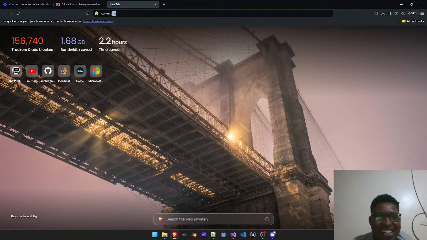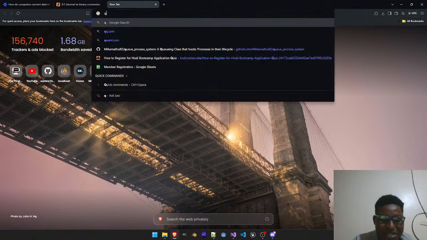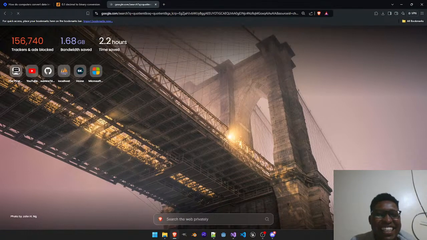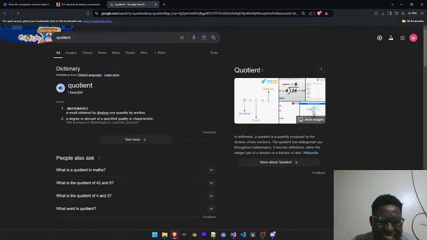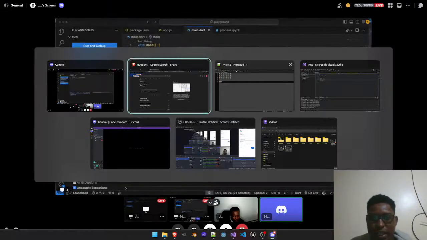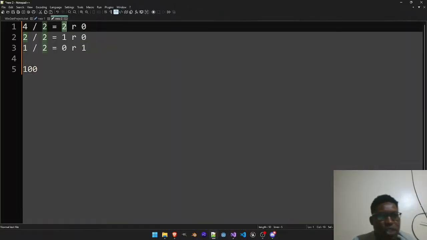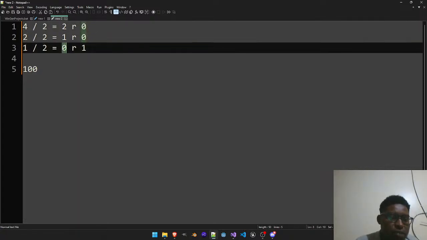It's been a while since I was in school. Let me just confirm that. The result that you obtain by dividing one quantity by another, yeah, the quotient. So this 2 that you get is the quotient, and then of course you have the remainder. So you divide the quotient consecutively by 2 until your quotient becomes 0. That's how you go about it.